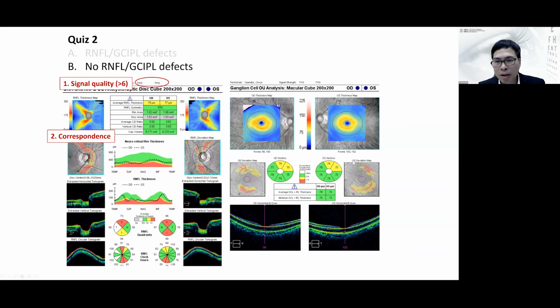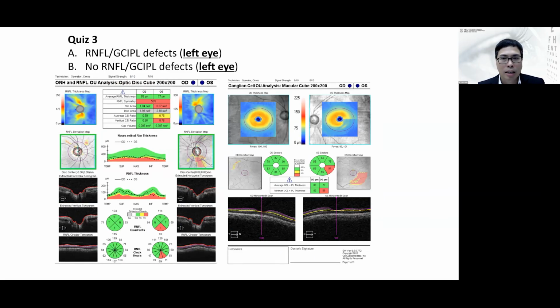Likewise, for the GCIPL, these measurements are false positives just because the GCIPL in myopic eyes is also thinner compared with non-myopic healthy eyes. The normative databases in the existing instruments are not able to account for these myopic differences. So I think we do not have retinal nerve fiber or GCIPL defects in this case.